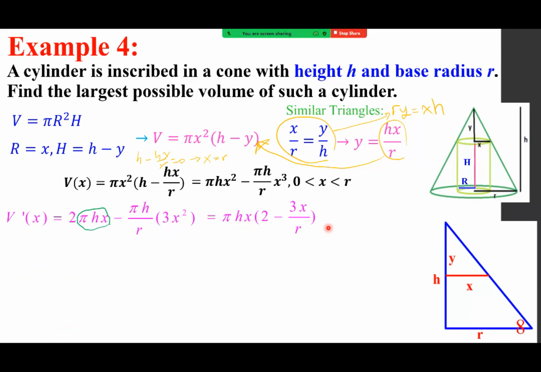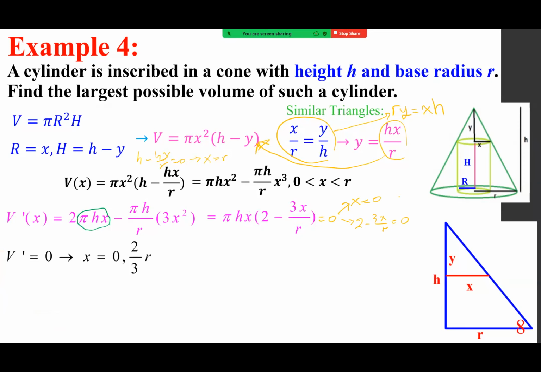When you set this equal to 0, either x is 0, or 2 minus 3x over r is 0. So x is either 0 or 2/3 r.